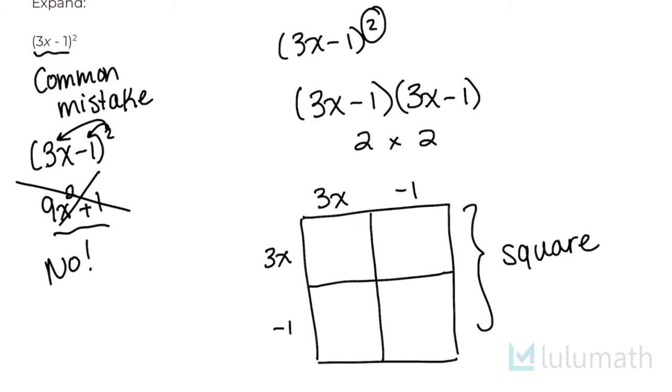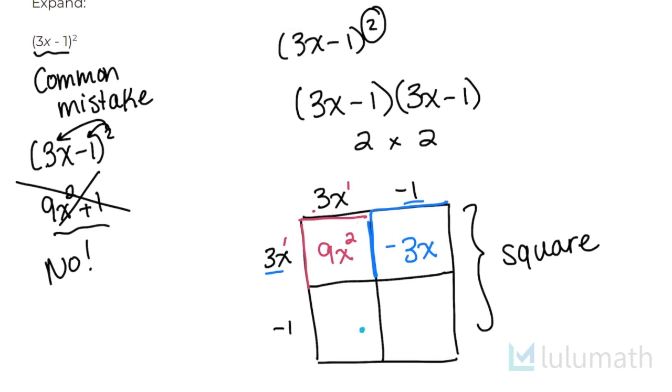So in my first box that we see here, I will multiply 3x to the power of 1 by 3x to the power of 1. So 3 times 3 is 9, and x to the power of 1 times x to the power of 1 is x to the power of 2, or x squared. In my second box, I have a side length of 3x by a side length of -1. So this is 3x, this is -1. When I do that multiplication, I end up getting -3x.